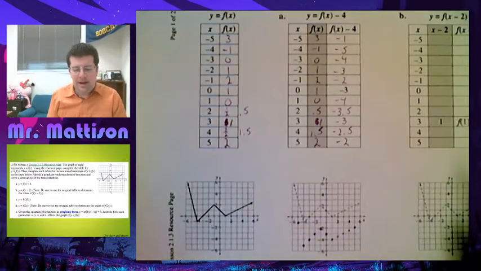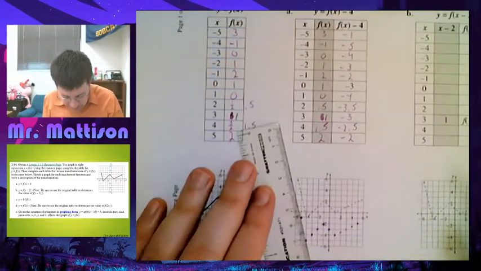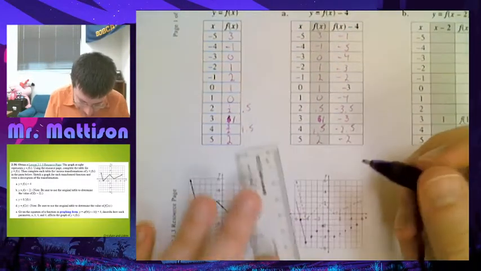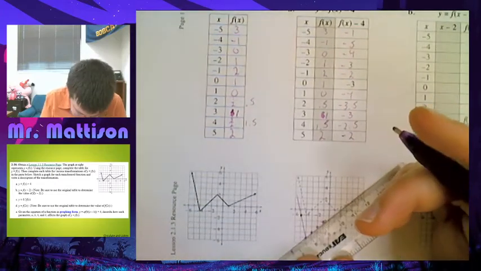So we can get a good idea of what this is going to look like if I draw in all of these, and use those as my guide to draw my actual graph.